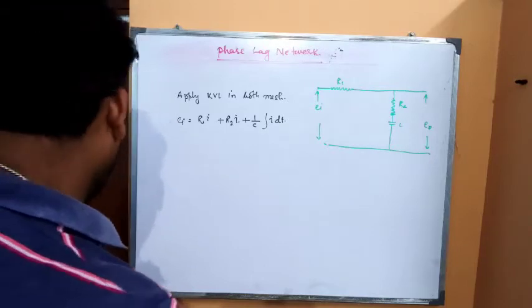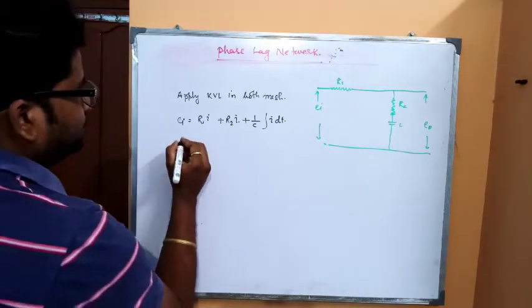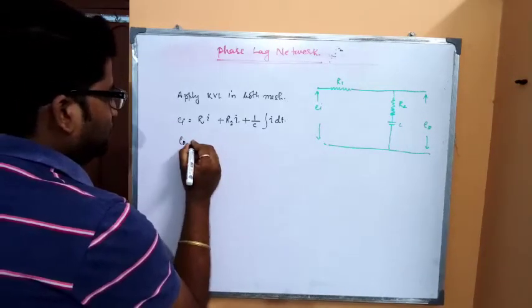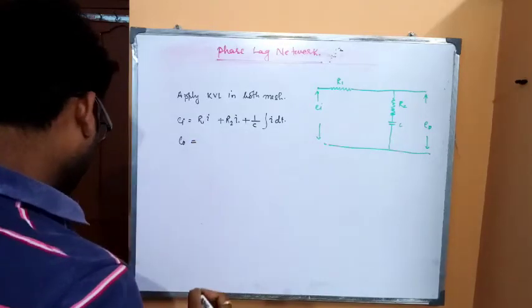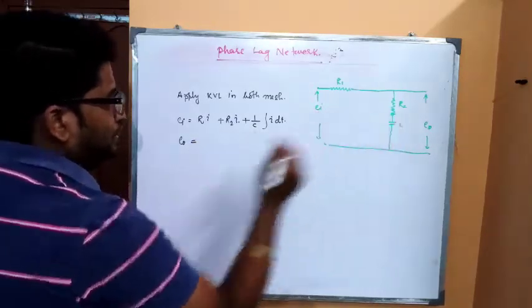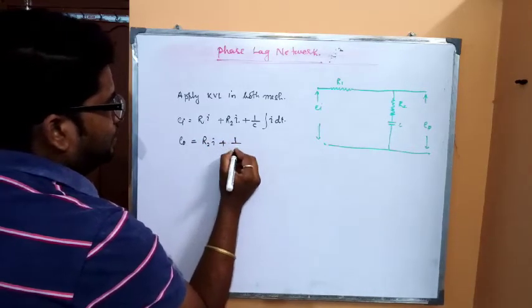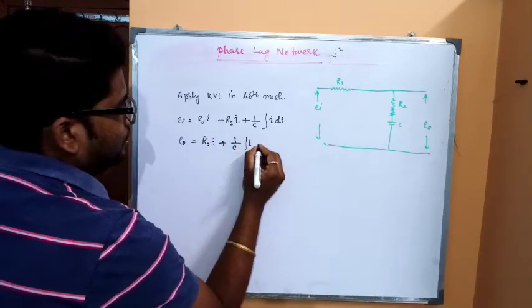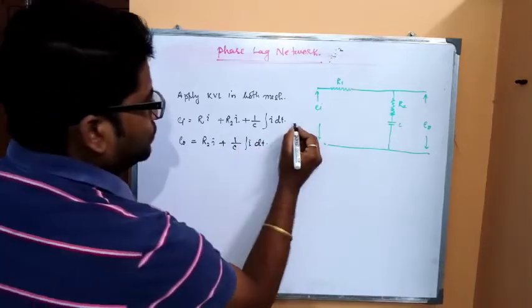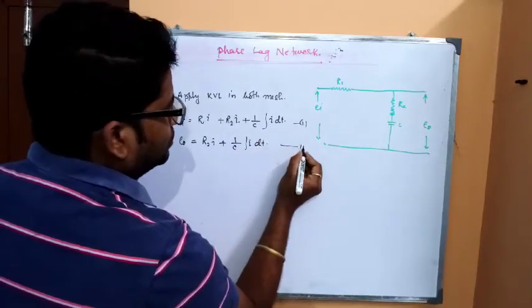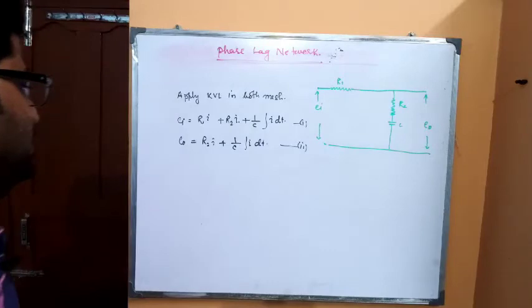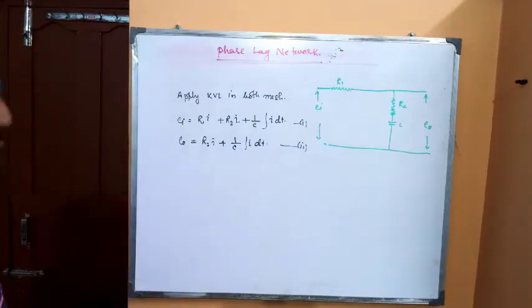This is for loop 1, and for loop 2, E of 0 is equal to R2 into i plus 1 by C integration of i dt. We consider this as equation number 1 and this as equation number 2. Now take Laplace transformation of both the equations.